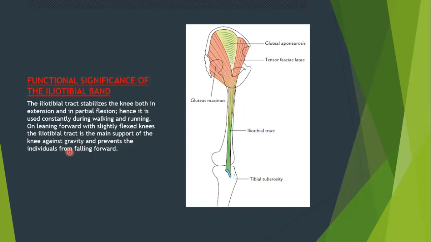I think these marathoners, long race runners, some of them usually complain of pain along the lateral aspect of the thigh. That is, maybe, let's say the iliotibial tract has become too stretched, so it will cause some problems. So this is the functional significance of the iliotibial band.